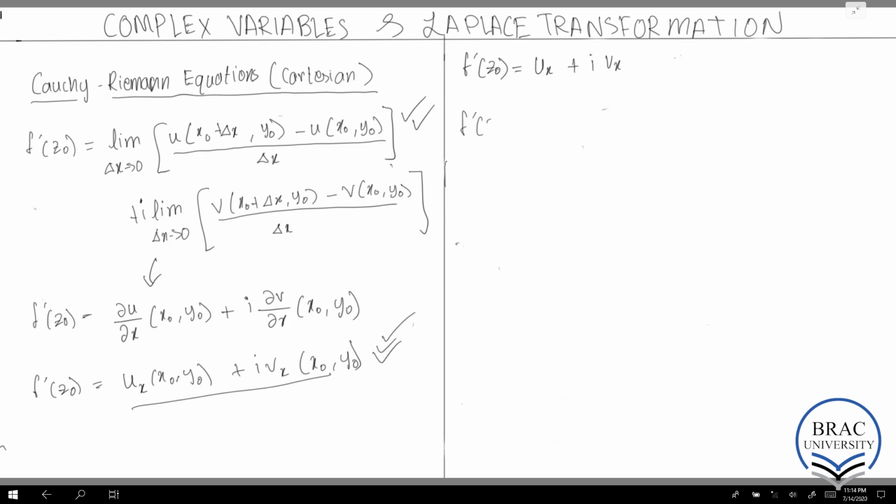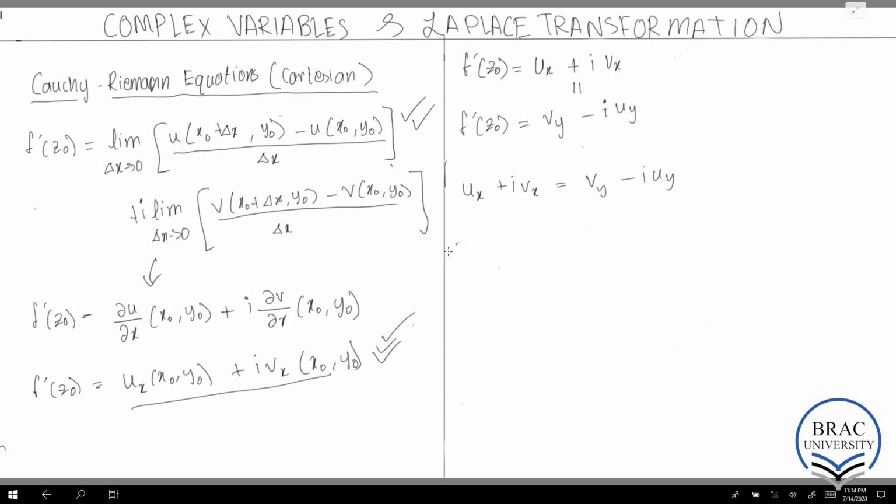And also, if you were to approach it from the vertical, f prime at z naught is equal to vy minus i u y. Okay, so both of these statements are equal to each other. So we can further write it like this. Ux plus i Vx is equal to Vy minus i U y.